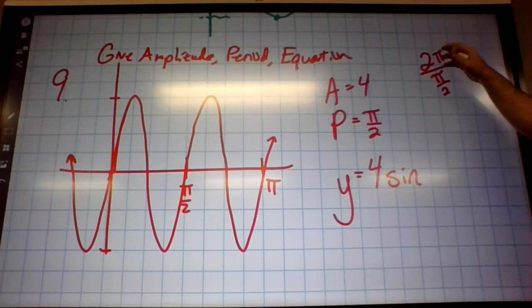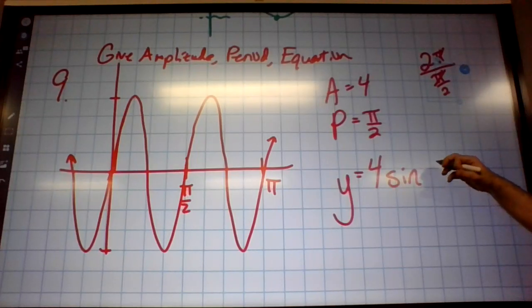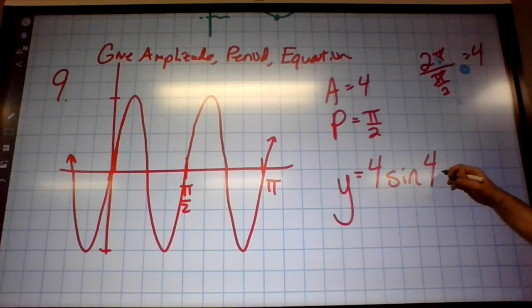You can plug this in the calculator, but the pi's will cancel out. Dividing by 1/2 is like multiplying by 2, so it'll be 4. Okay, that's our b value. And just put the variable right there, x or theta or whatever. That's it on that one.